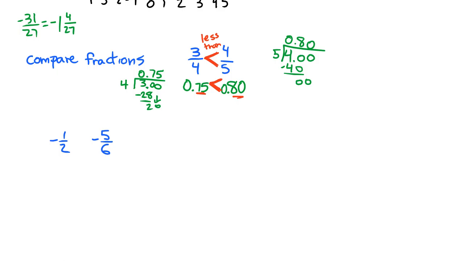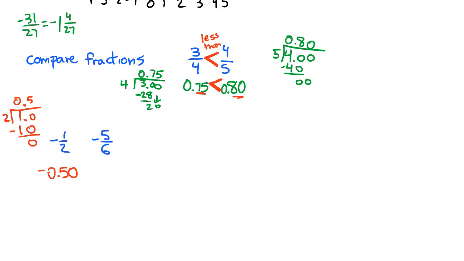So most of us know that negative 1/2 is negative 0.5. If you need to check that, you can come here. Don't worry about the negative right away, but just divide 1 by 2 and you get 0.5. So it goes in 5 times and 0. And we could continue on and go to 50 hundredths or 500 thousandths and so on and so forth.